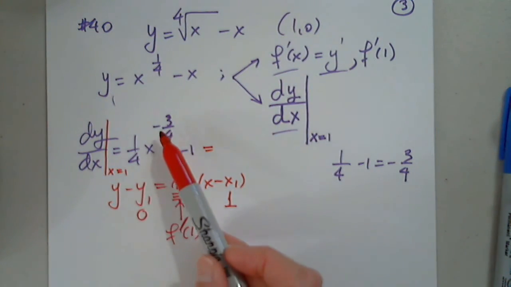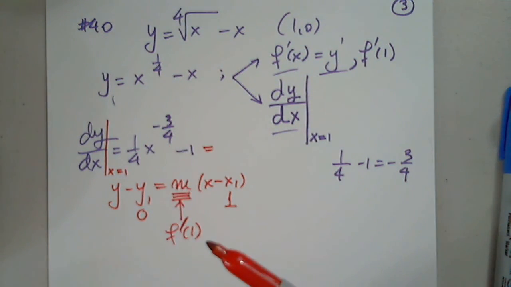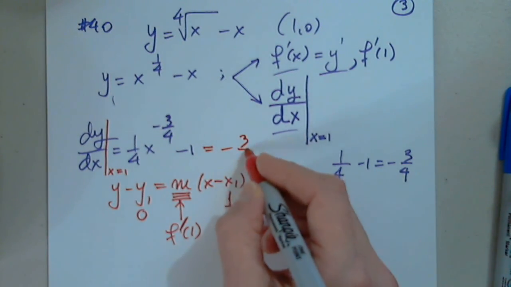How much is 1 raised to negative 3/4? Can anyone help? 1 raised to negative 3/4. It's 1. Thank you very much. And 1/4 minus 1, negative 3/4 again.